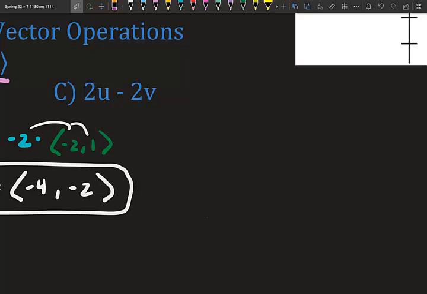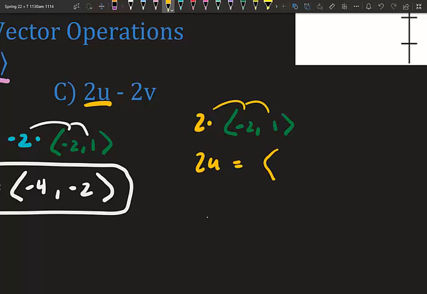Alrighty, part C, we have 2U minus 2V. So the first thing we need to do is find each of those values. So let's find 2U. So it's 2 times U. U is represented by -2, 1. We're going to distribute. So we get 2U equals -4, 2.